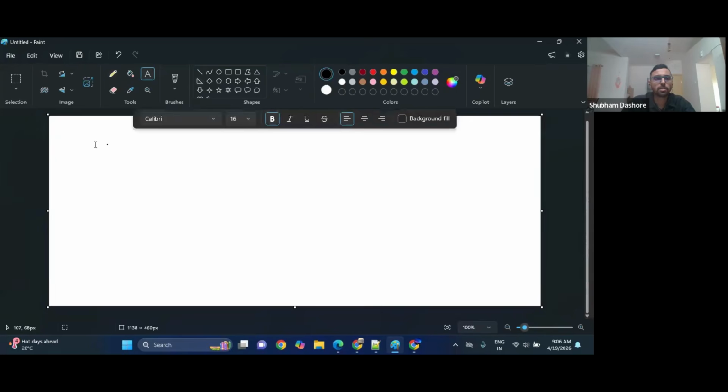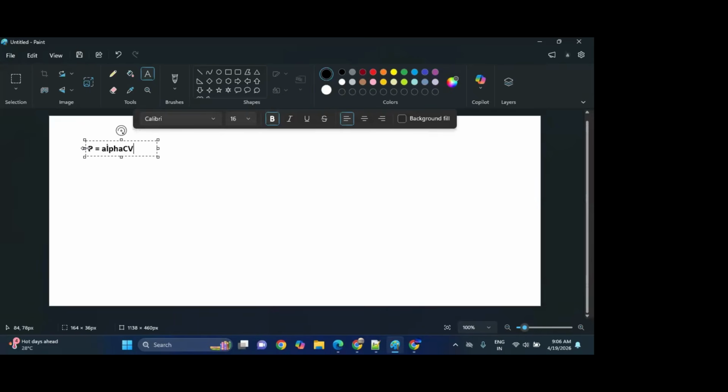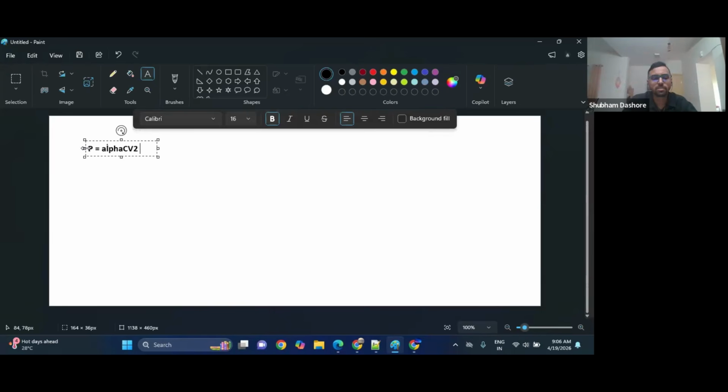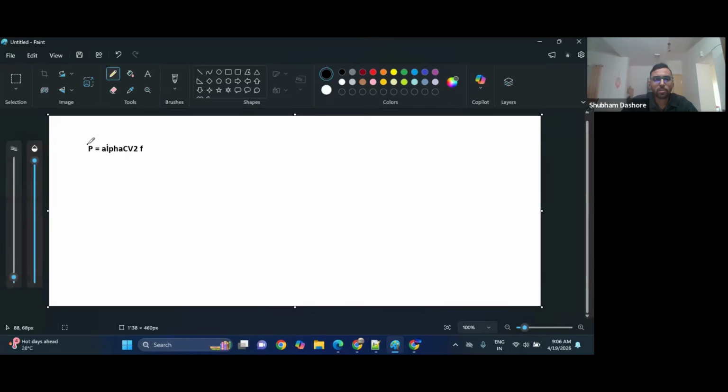We know our dynamic power is proportional to alpha C V squared f, frequency. So our dynamic power is directly proportional to the square of the voltage and the frequency.